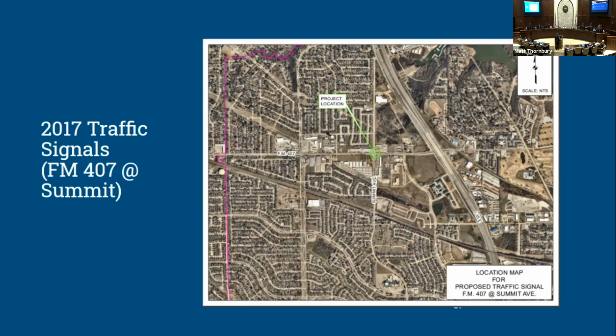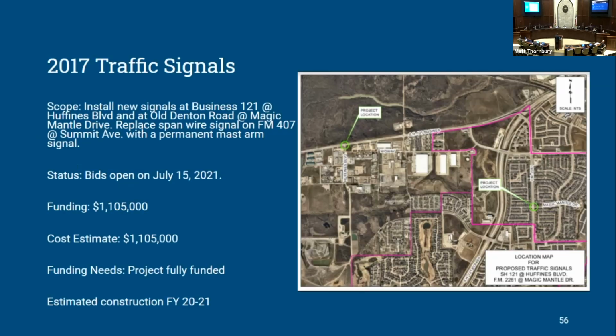The 3rd location is replacing the signal at FM 407 in Summit, replacing it with a permanent mast arm signal rather than the temporary signal that's been there for some time. Going back to the funding, I think at this point we are fully funded, and the exciting news is that we should be opening construction bids this coming Thursday.